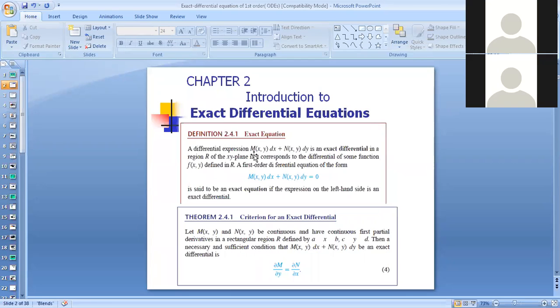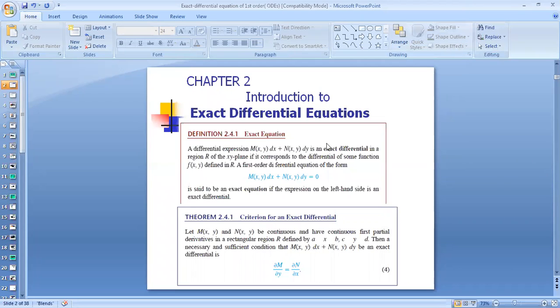Now, a differential equation M dx plus N dy is said to be exact in a region R in the xy plane, because there are two variables: one is the dependent variable y and the other is the independent variable x.